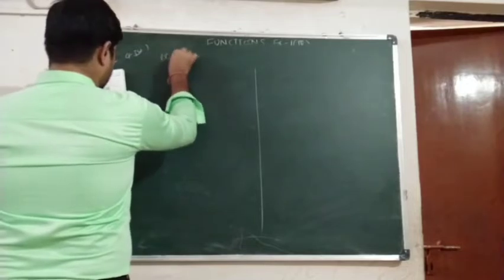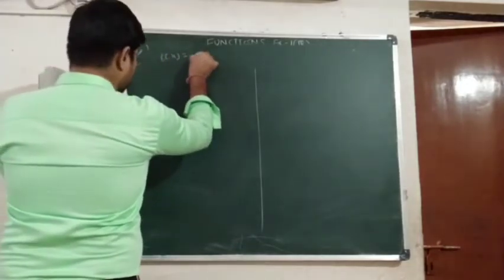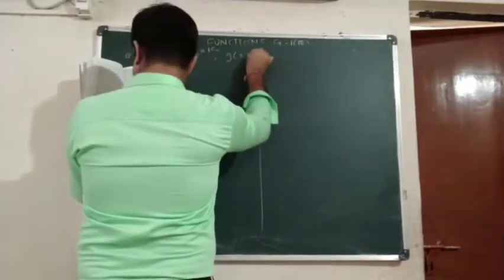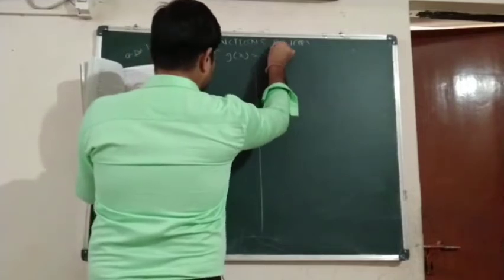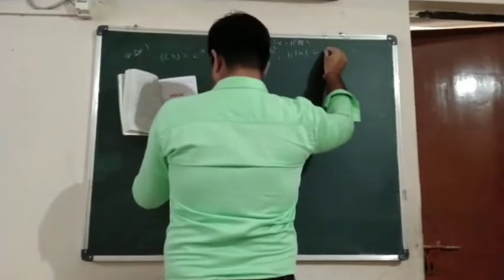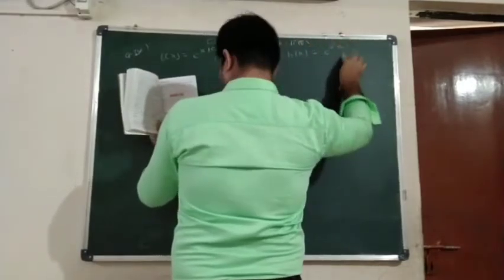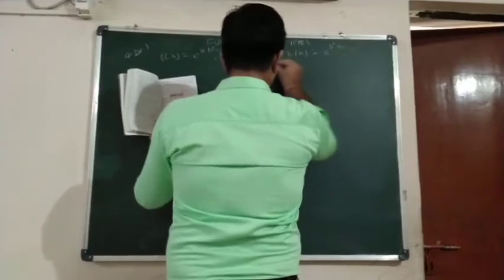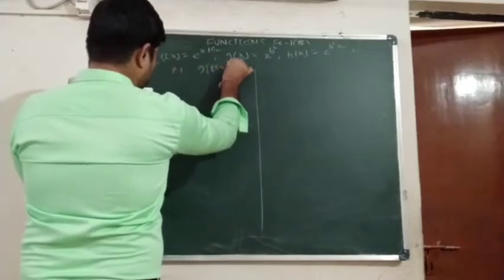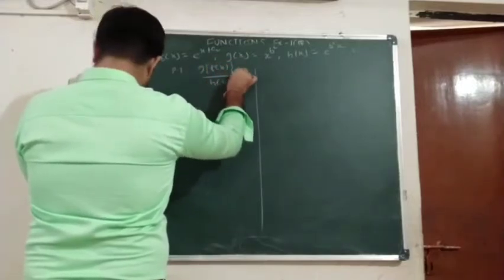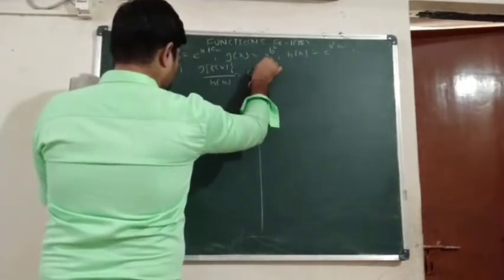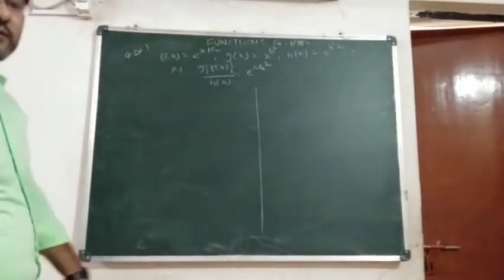Function f of x is given to be e raised to x plus a, and g of x is also given, that is equal to x raised to b square, and we are given h of x, the third function, which is e raised to b square x. We have to prove that g of f of x upon h of x is equal to e raised to ab square. Okay, let us prove.